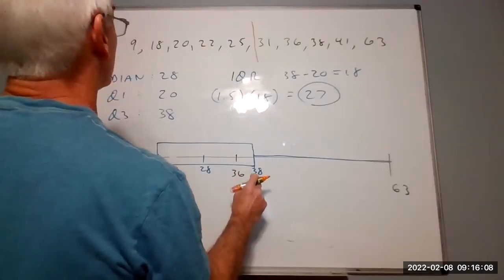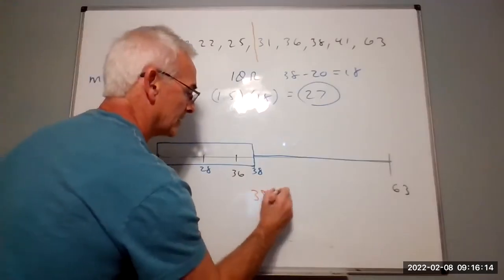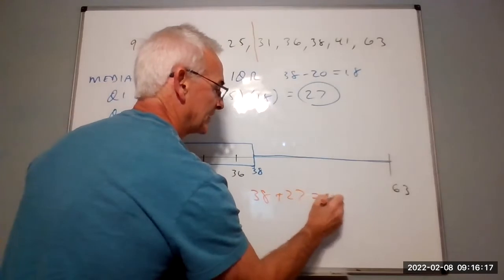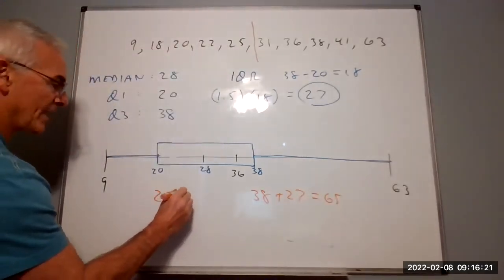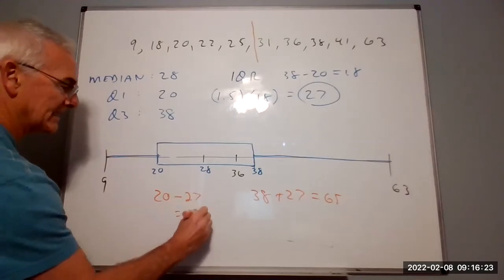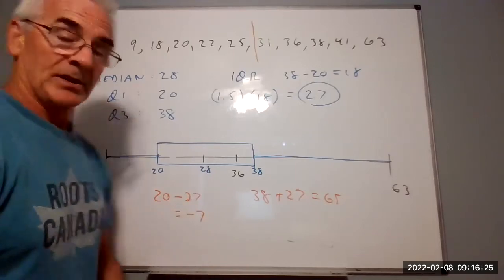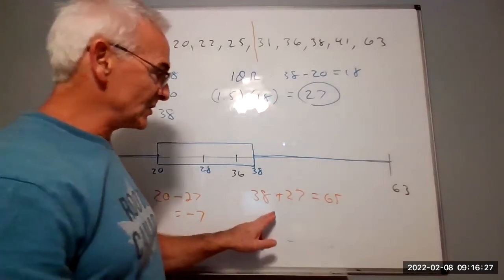It's the difference between the quarters? Okay, so this is 38. If I take 38 and I add 27, that would be 65. If I take 20 and I subtract 27, that would be -7. So here's the way we deem this.